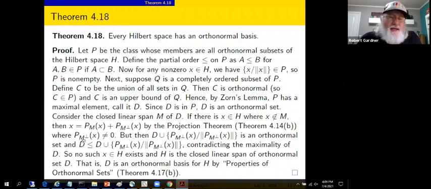But then we can take this projection of X onto M perp, being the non-zero vector, and we can normalize it and make it a unit vector.